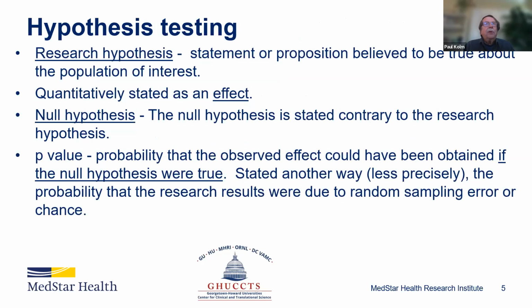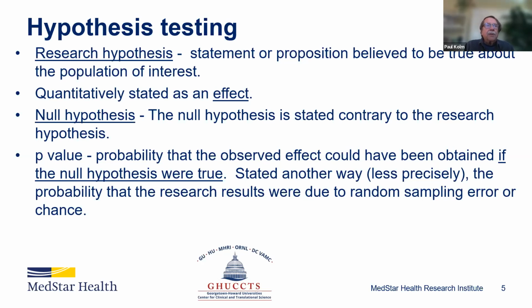So let me review a little bit here of hypothesis testing. Our research hypothesis is, of course, a statement that we believe to be true about our population of interest. And quantitatively, this is stated as an effect, or as I mentioned before, the difference in means or difference in proportions between your treatment or therapy groups.